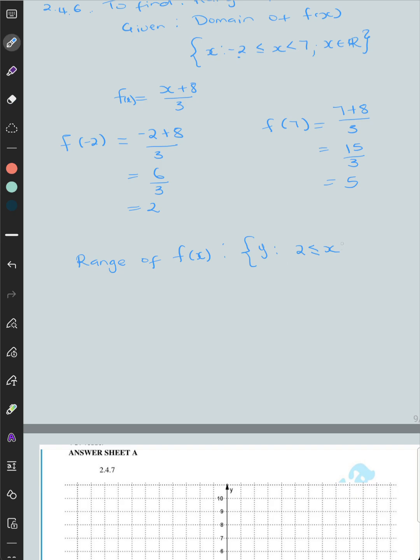You see, I said x, change it now here. y is an element of all real numbers.